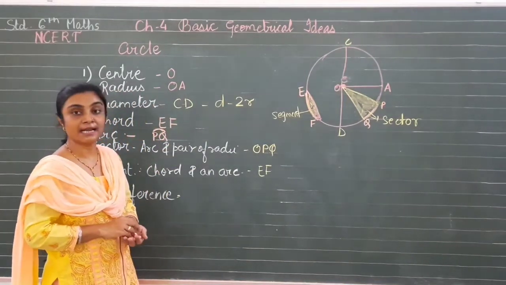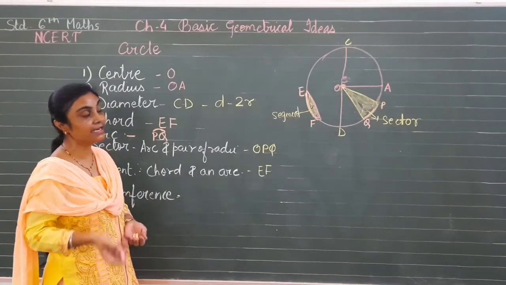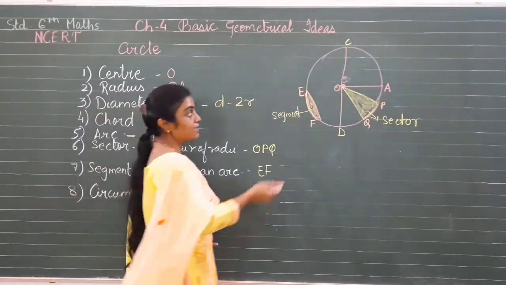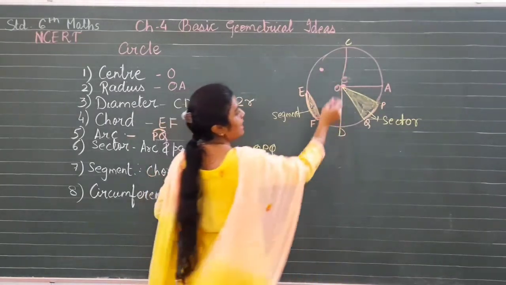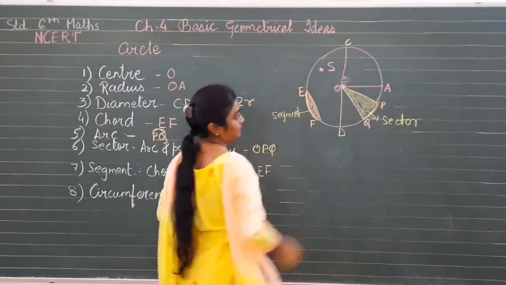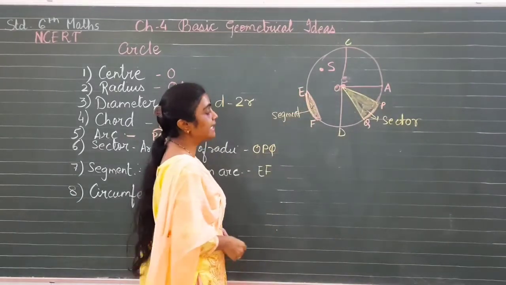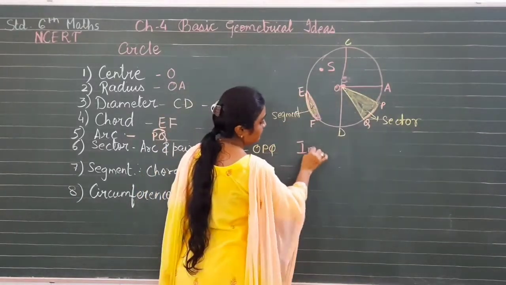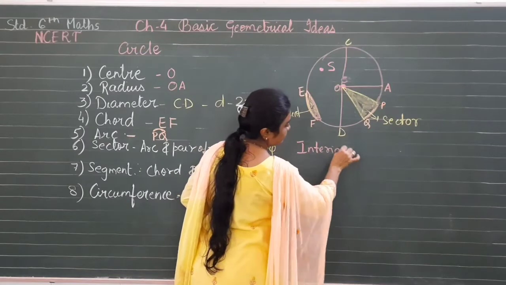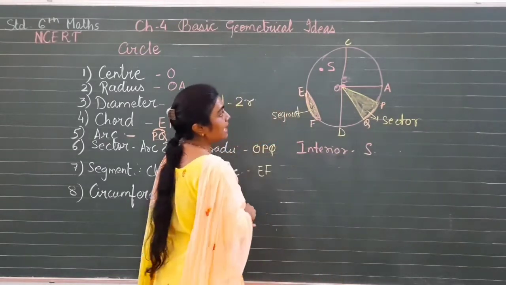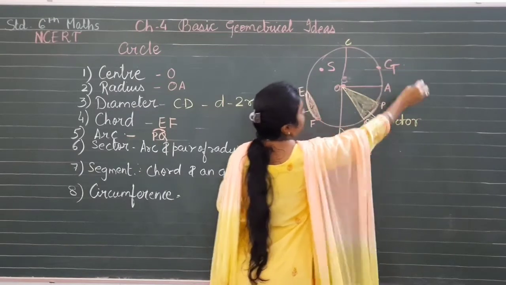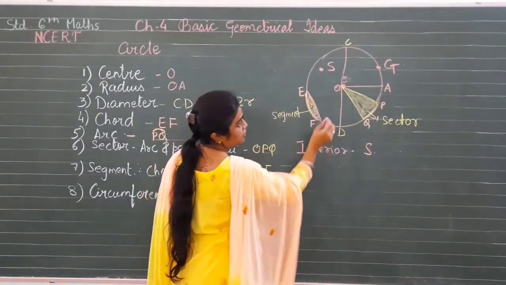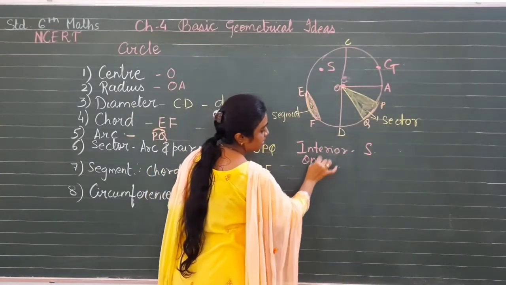Now there are certain points which are exterior, interior or on the circle. Suppose I am writing an alphabet S. So S is in the interior. Then let us see G. So G is on the circle.